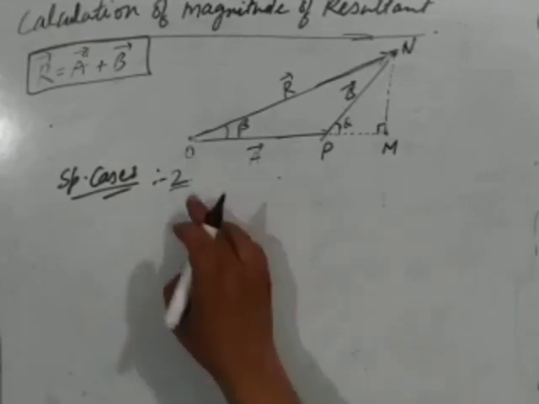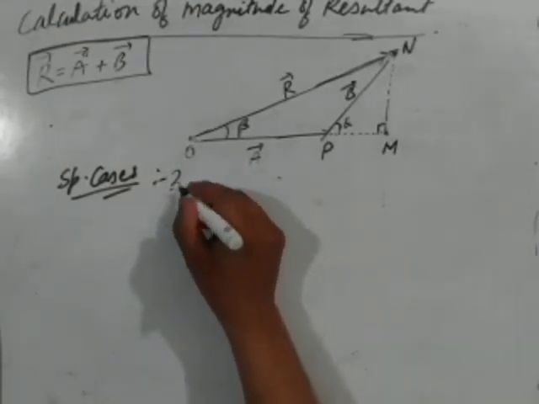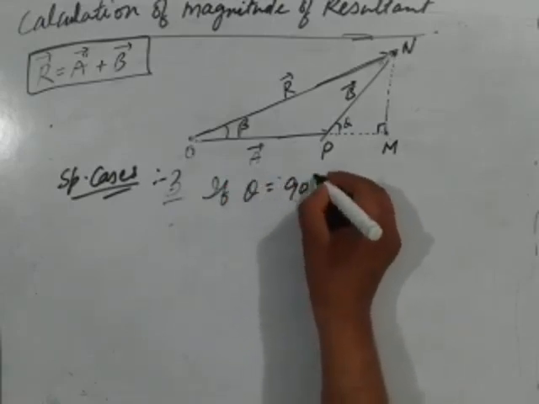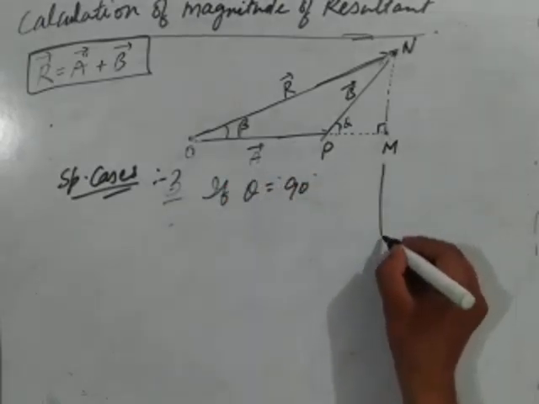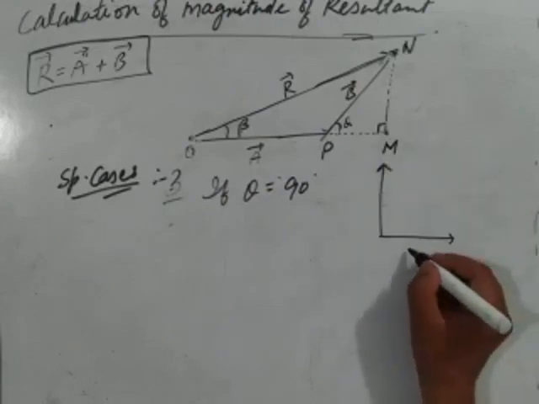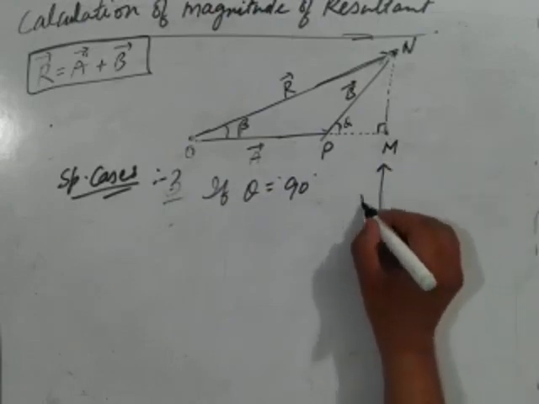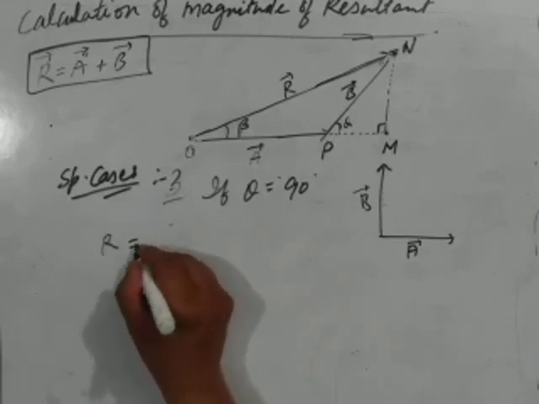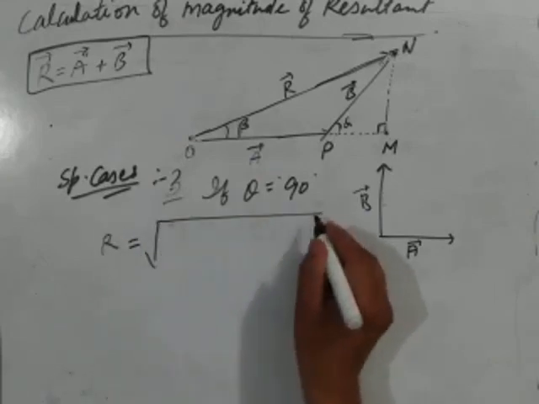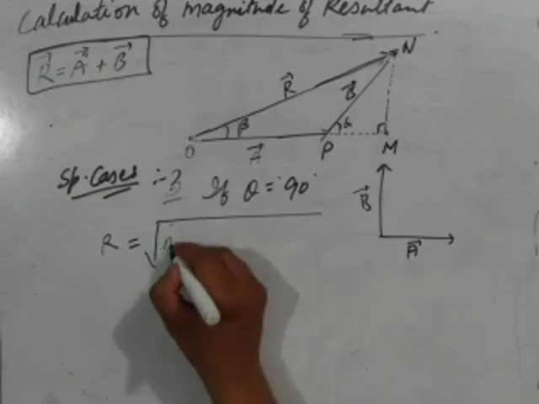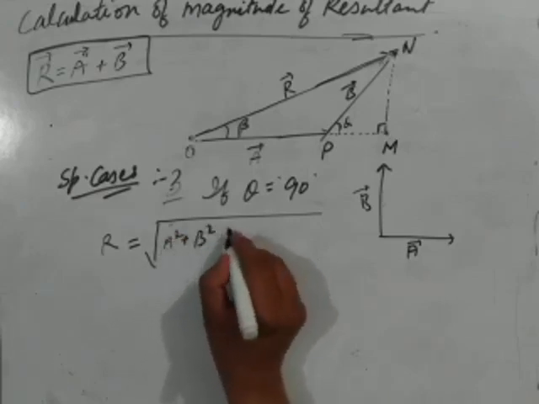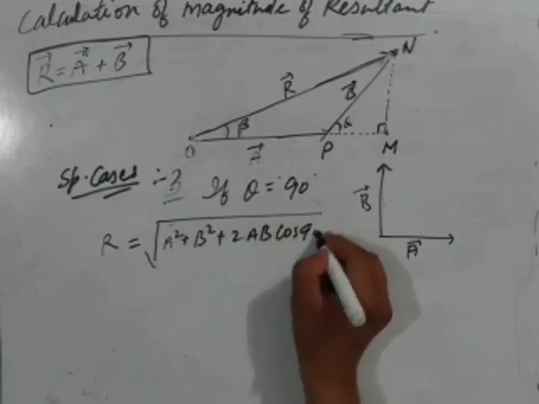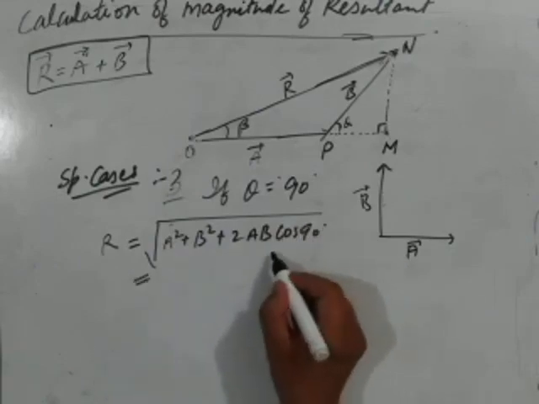Now in the third case, if theta equal to 90 degree, that means the two vectors are inclined perpendicular to each other. Then again the resultant is given by under the root A square plus B square plus 2AB cos 90, but cos 90 equal to 0.